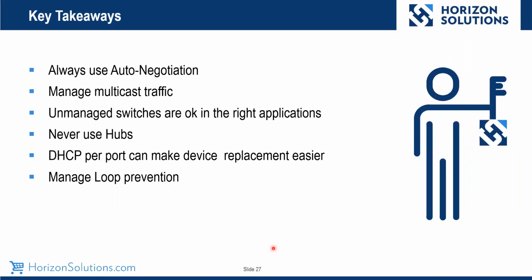And again, if you have questions, please give us a ring. We could definitely help you lay out a network. Never use hubs. Again, you can't buy them, but you never know. You might find one on the shelf, dust it off, and put it on, and you know what happens when we do that. DHCP per port is a great way to make your life easy for managing replacement of products. And manage loops.